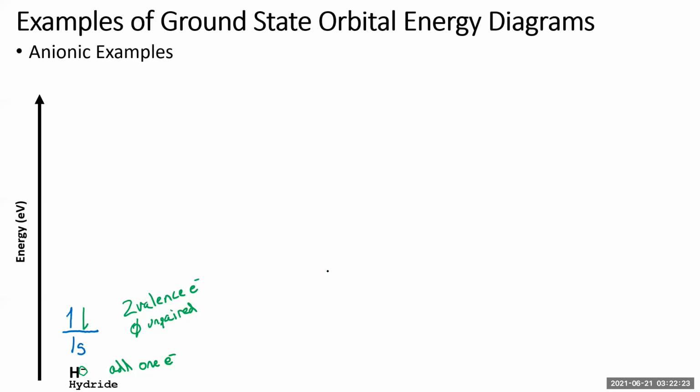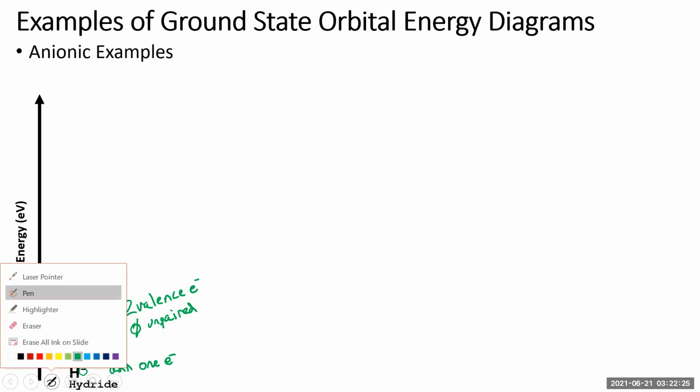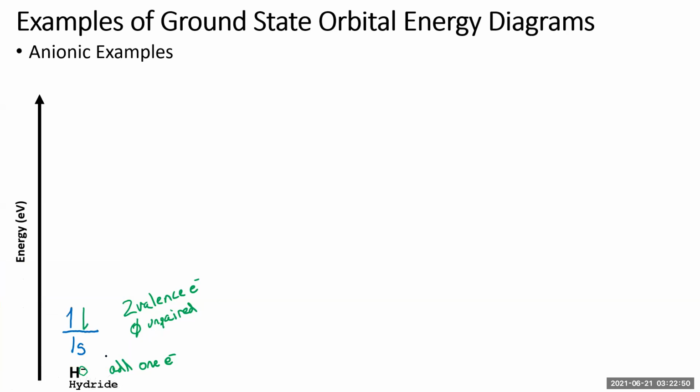Don't be frightened. All right, now, let's do another one. Oftentimes nonmetals tend to gain electrons in order to achieve an electron configuration or an orbital energy diagram that makes them very similar to their nearest noble gas element. So let's pick something simple.